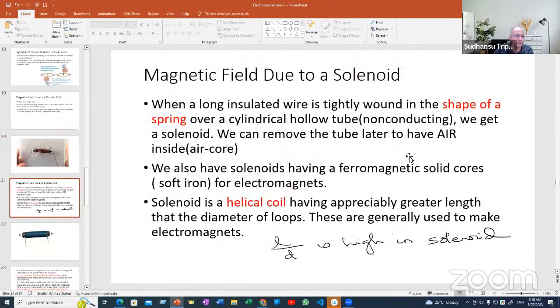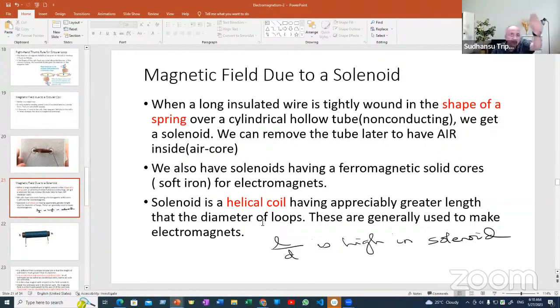And we know the difference between a coil and a solenoid. All solenoids are coils, but not all coils are solenoids. When the turns are placed in a helical manner so that the length of the coil is much greater than the diameter, the L/D ratio is high, and the turns take a helical shape, not circular.